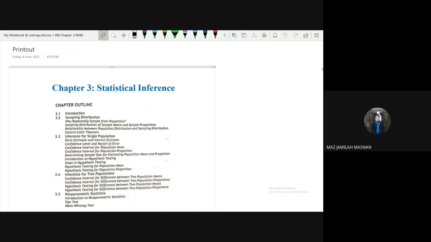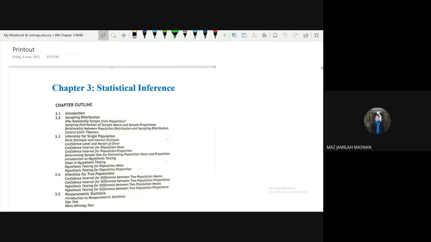In order to use just one specific table to help us with the normal probability distribution, we standardize them into what we call the standard normal probability distribution. So in chapter 2, basically we looked through the probability distribution of each of our random variables.